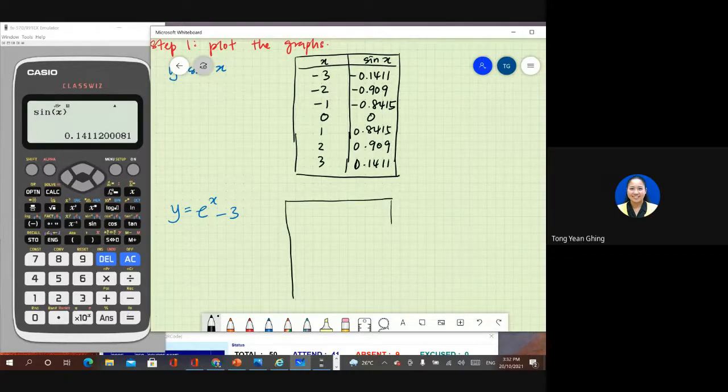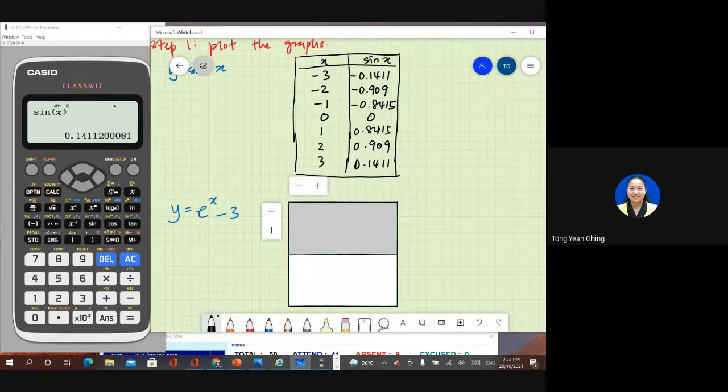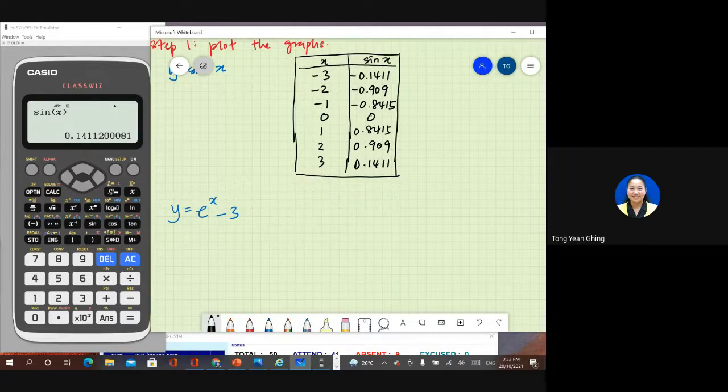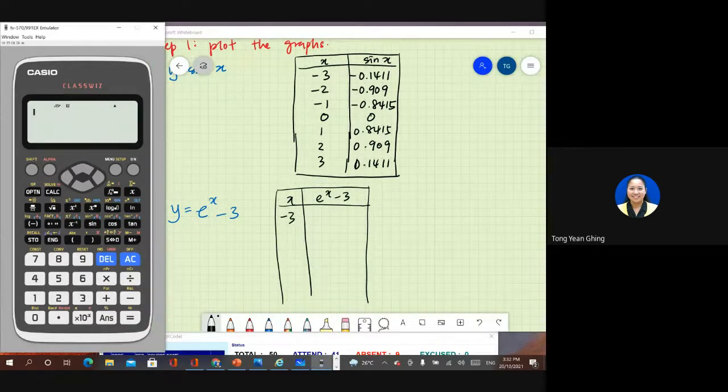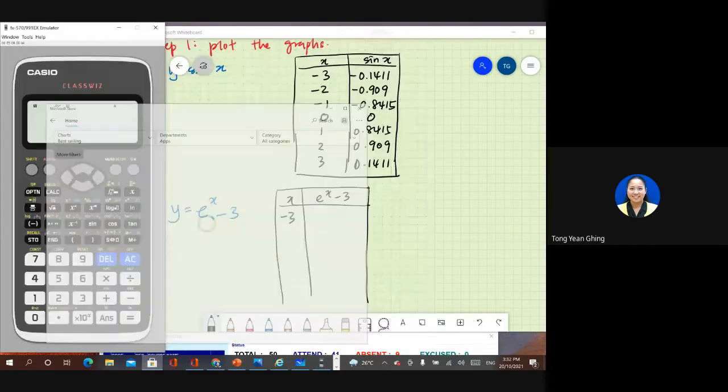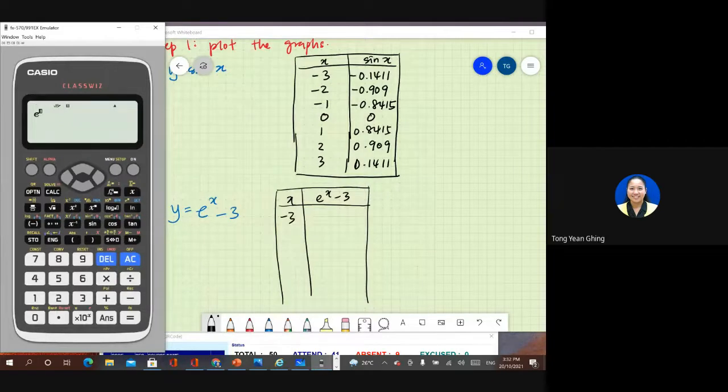Starting from x negative 3. We put e to the power x minus 3.